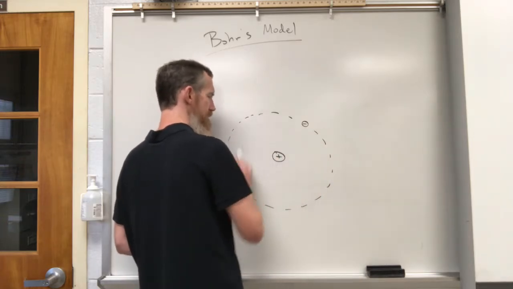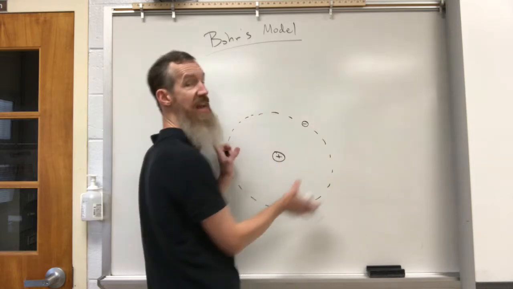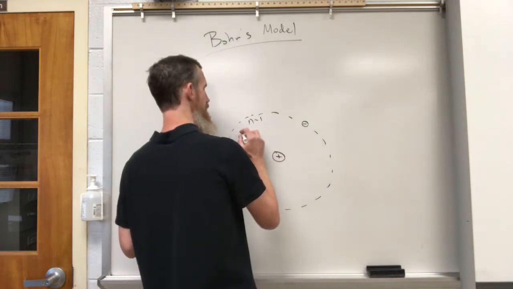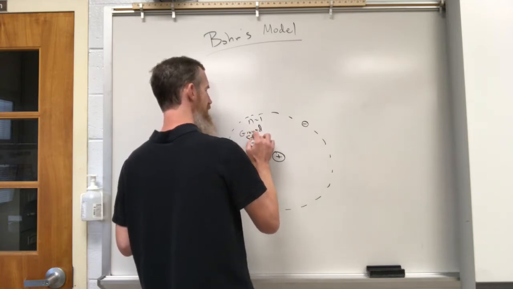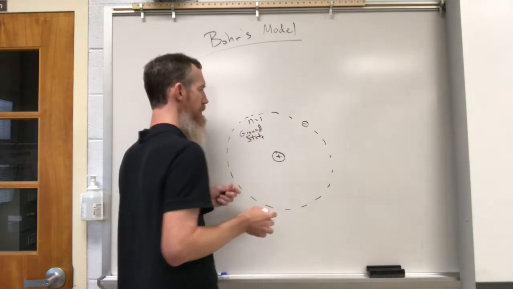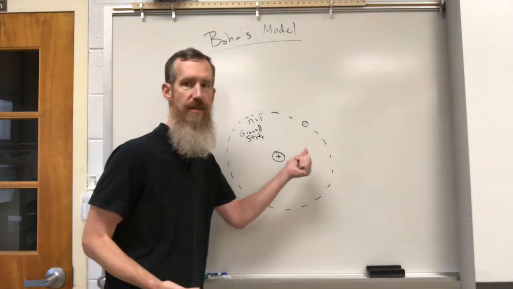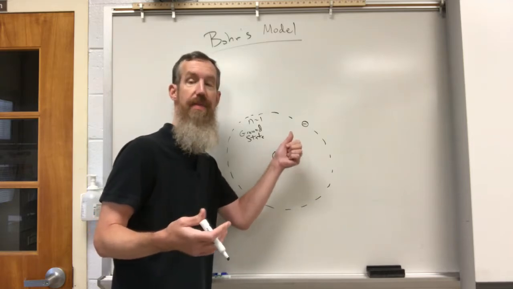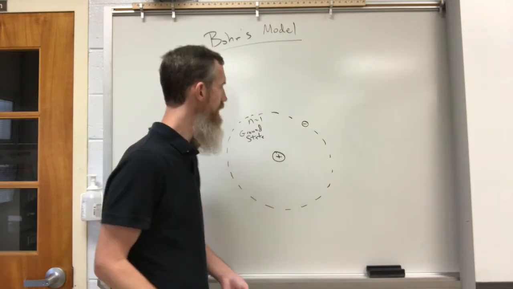Bohr said, hey, look, let's have the electrons be in their everyday state. We call this the ground state. And for hydrogen, it's the easiest atom to look at, because if you're looking at the nature of electrons, hydrogen only has one electron. So you're only looking at one particular electron, rather than in other elements, a whole bunch of electrons.